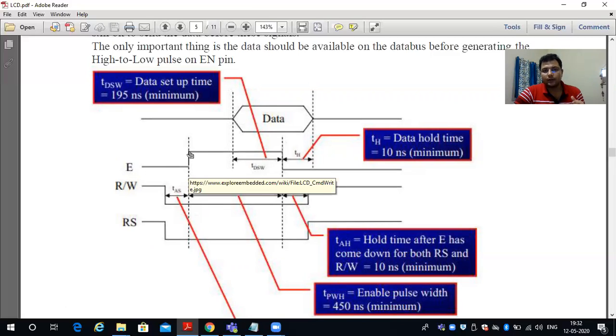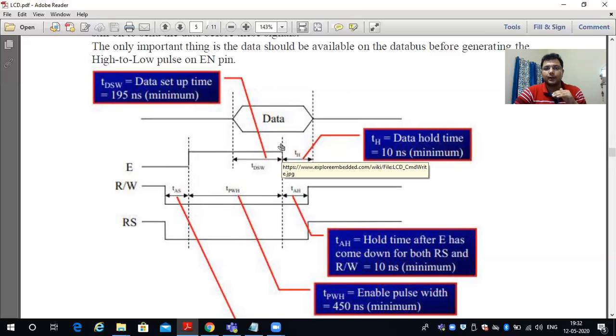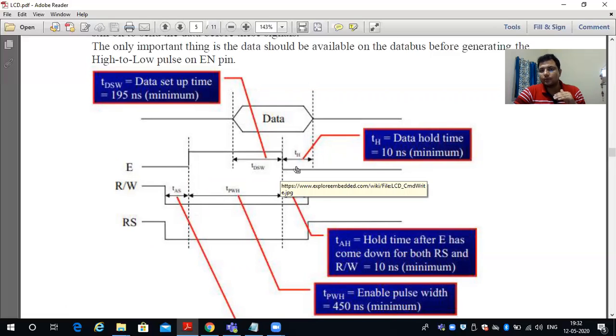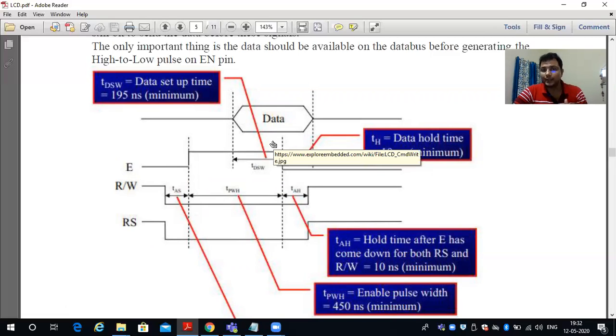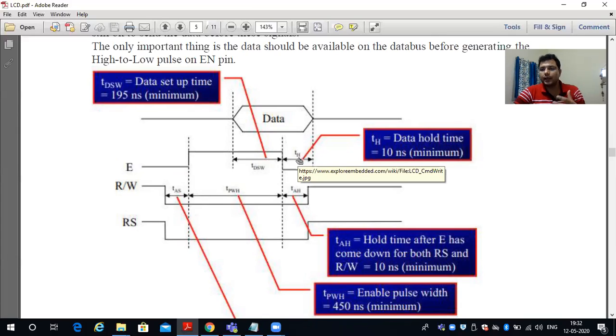Then after a while, enable should be 1, and it stays 1 for a while, and then it should come down. When it comes down, the data must be there over the data line. Then it is latched to the internal circuit and displayed over the display line. So this is all about the timing diagram, the importance of enable and all other control signals.